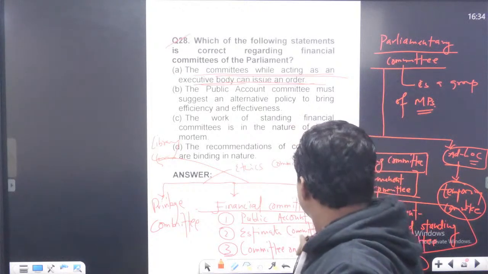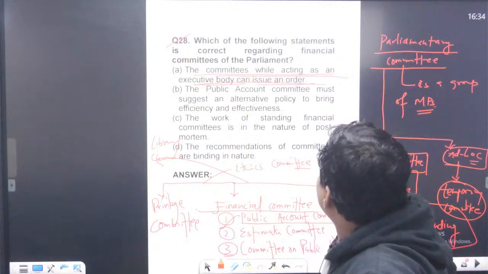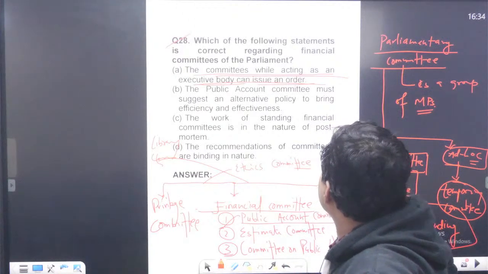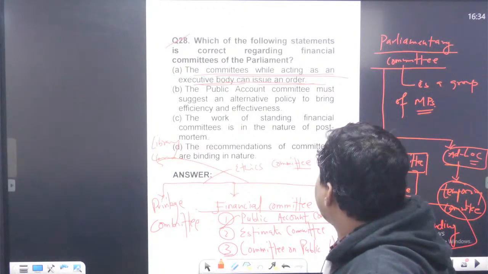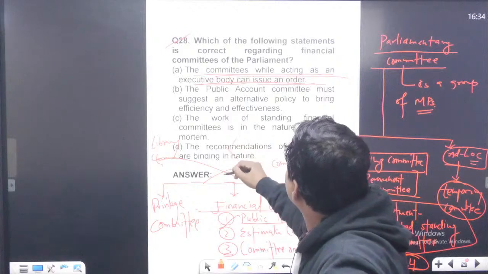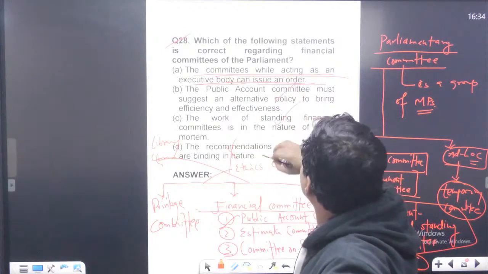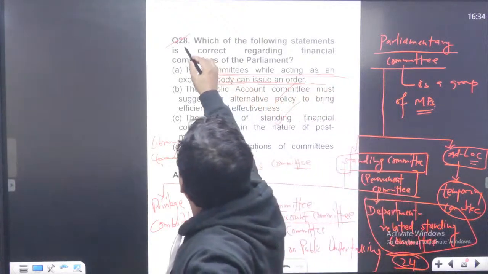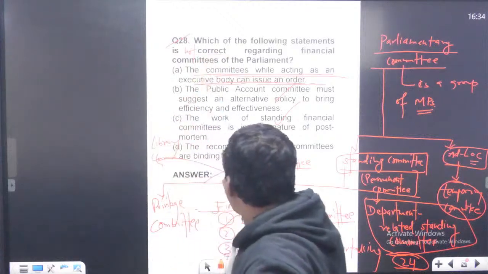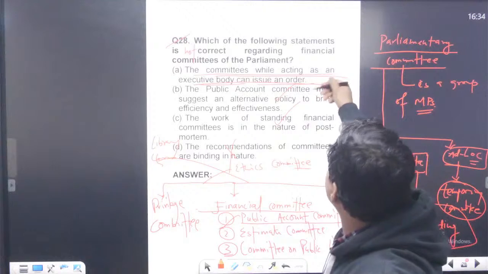Yes, that is the Public Accounts Committee. The work of the Standing Financial Committee is in the nature of a post-mortem. The recommendation of the committee is binding in nature. This is wrong. And all others are right. Now, the question will be which of the following is not correct.